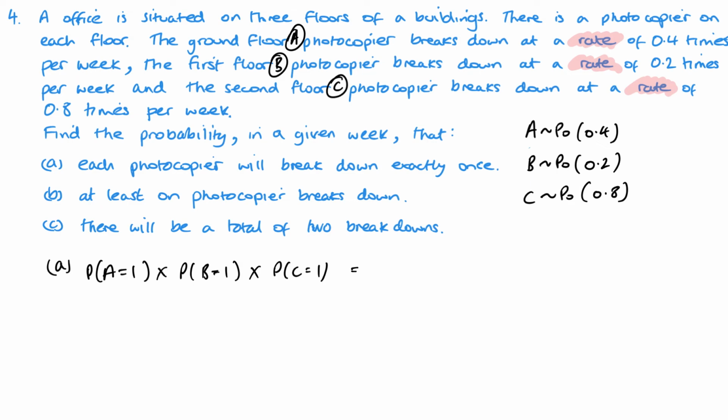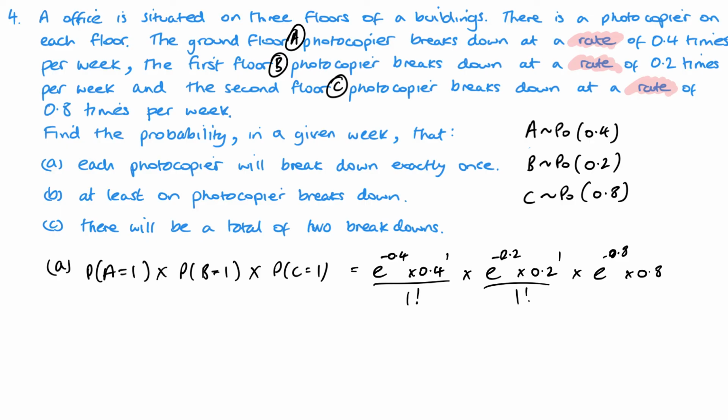This first one is going to be e to the minus 0.4 times 0.4 to the power 1 over 1 factorial. And that's going to be multiplied by e to the minus 0.2 times 0.2 to the power 1 over 1 factorial. And e to the minus 0.8 times 0.8 to the power 1 over 1 factorial.